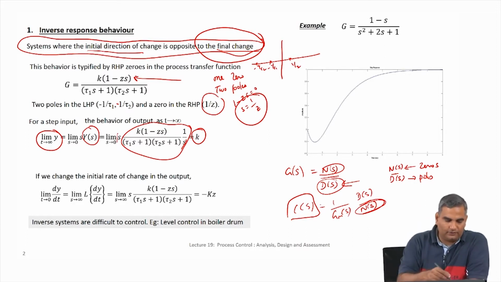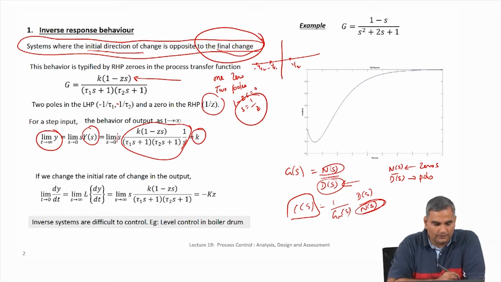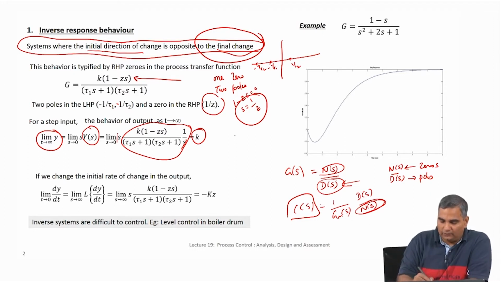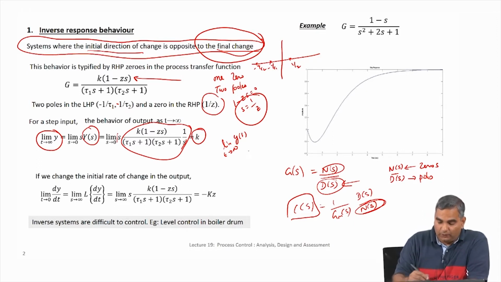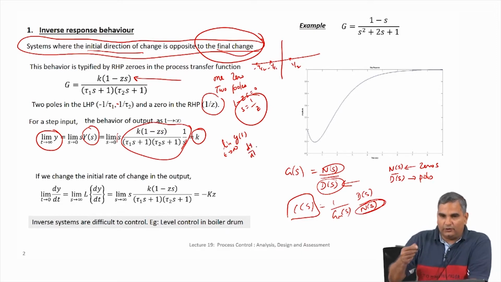Now, if this system is going to show inverse response, then the initial direction of change has to be negative. So, let us understand what direction of change means. If I am looking at y of t, the limit as t tends to infinity of y of t is the final value, the final change from 0, because always our base is 0 since we are looking at deviation variables. So, the initial direction would mean I want to know what dy by dt is. What direction is it going to start moving?